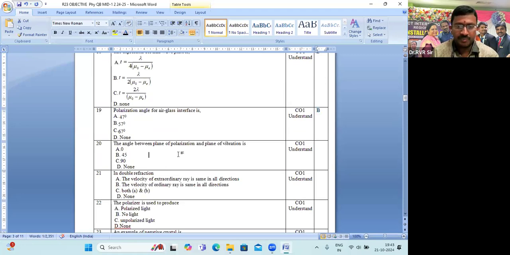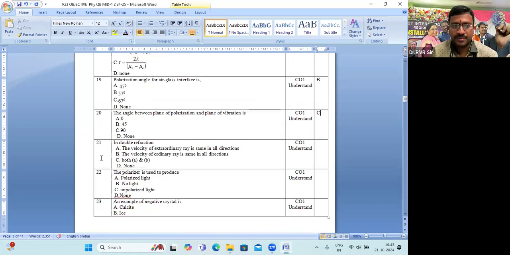The angle between the plane of polarization and plane of vibration. So it is obviously both are perpendicular to each other. It is obviously 90 degrees. Option C will be the right answer. Just check it. So it is option C.